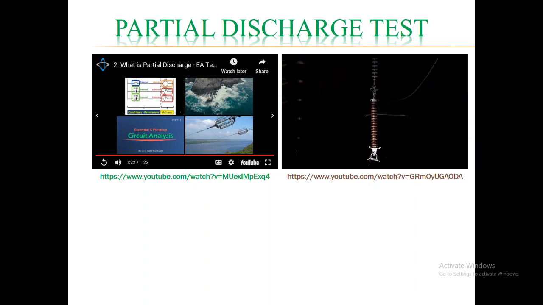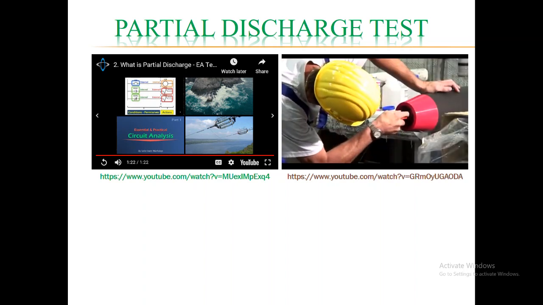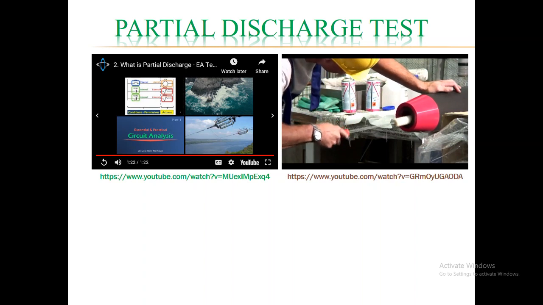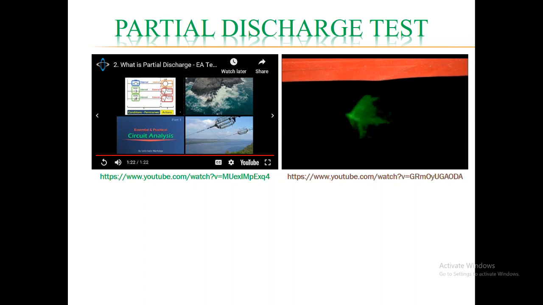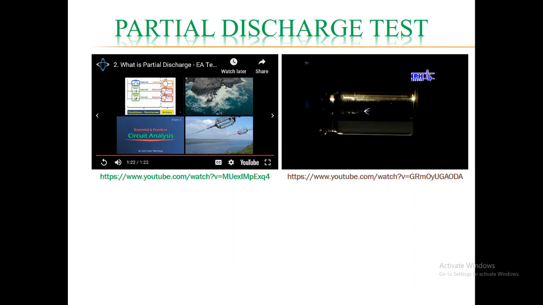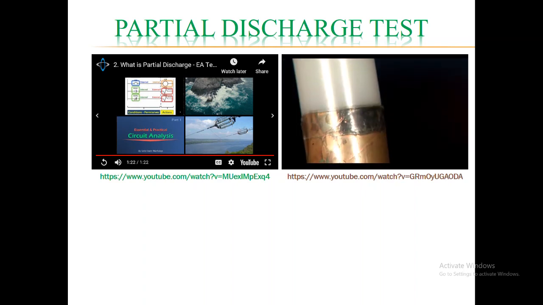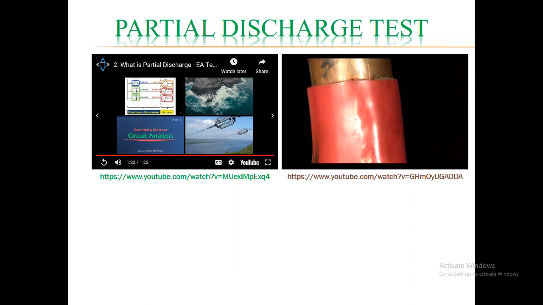Their insulation must be able to withstand high voltage stresses. Therefore, it is crucial that its condition can be verified throughout its life cycle. A partial discharge, or PD, is a localized dielectric breakdown of a small portion of the electrical insulation. It can be initiated by voids, cracks, or inclusions within a solid dielectric, at interfaces within solid or liquid dielectrics, in bubbles within liquid dielectrics, or along the boundary between different insulation materials. PD causes the insulation to deteriorate progressively and can lead to electrical breakdown.